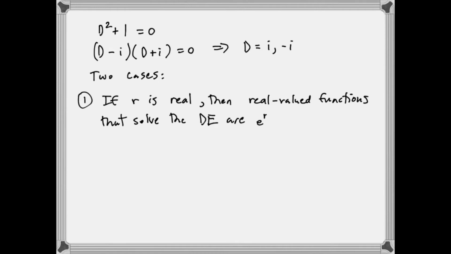Remember, it was e to the rx. Remember, we're talking about d minus r to the mth power times y, right? Is equal to 0.